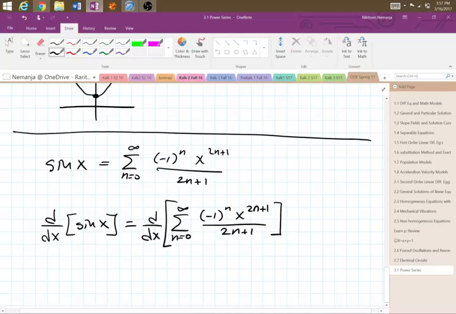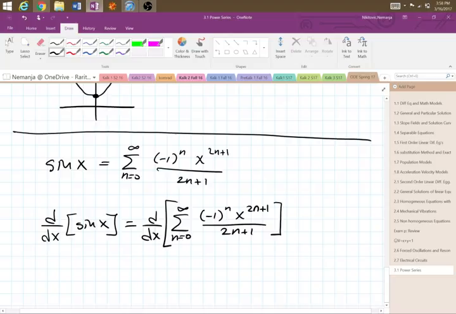If I am differentiating with respect to x, I know that I can differentiate term-wise. Yeah, there are infinitely many terms to differentiate here. Cool, right?